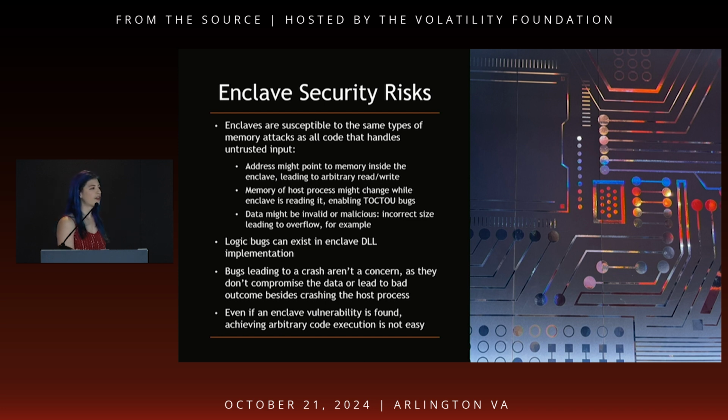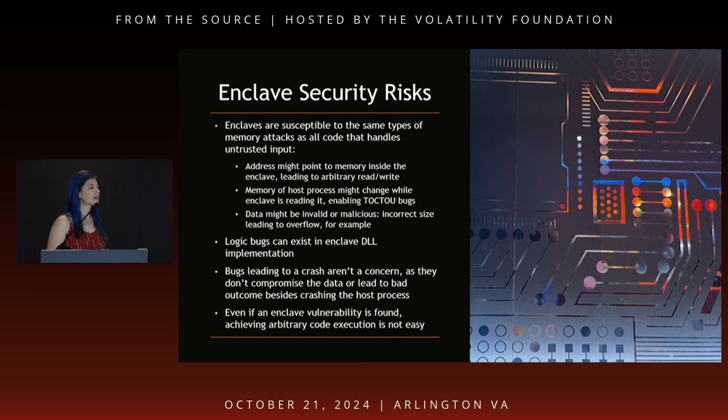It also needs to verify that it's not changing, or copy it or capture it to a local variable before operating on it. There can, of course, be logic bugs that are dependent on the enclave itself, in how it operates, how it checks things. Those are a little bit harder to mitigate because those depend on the specific implementation. But even for your basic memory bugs, Microsoft doesn't explain or document that, probably because they haven't felt the need.